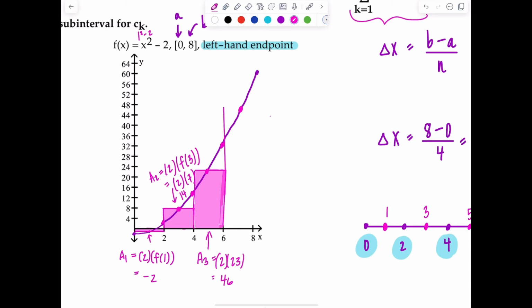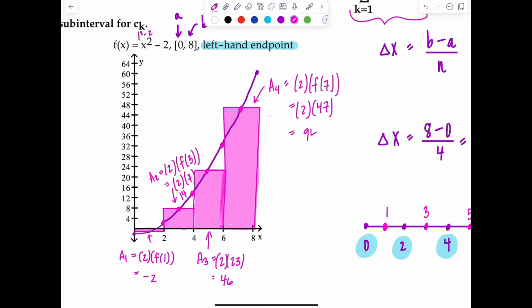I'm just eyeballing, so please bear with. Ooh, that was too far. Whatever, you get the gist. Let's plug in 7 into the function. 7 squared minus 2, that's 49 minus 2, that's 47. So area 4 is 2 times f of 7, 2 times 47, so that's 94.